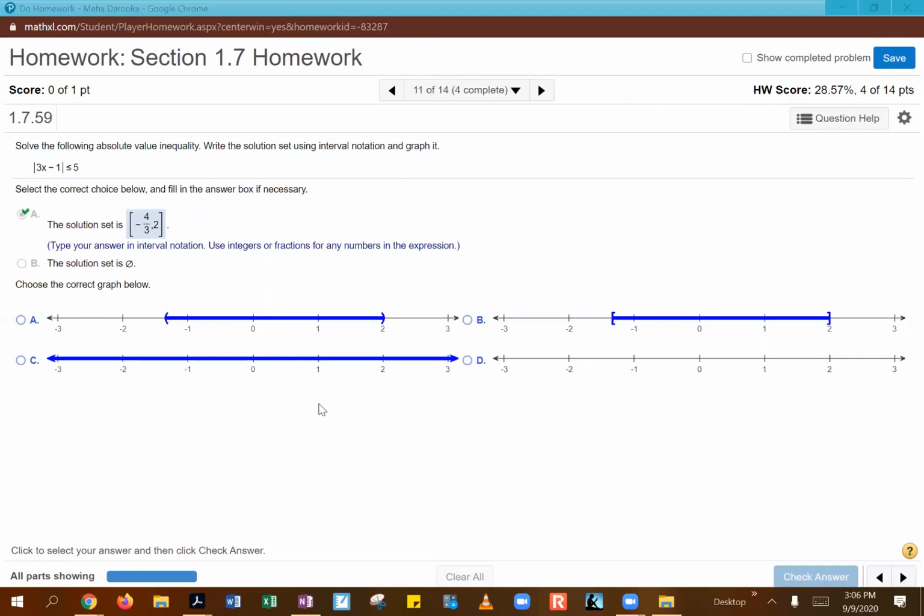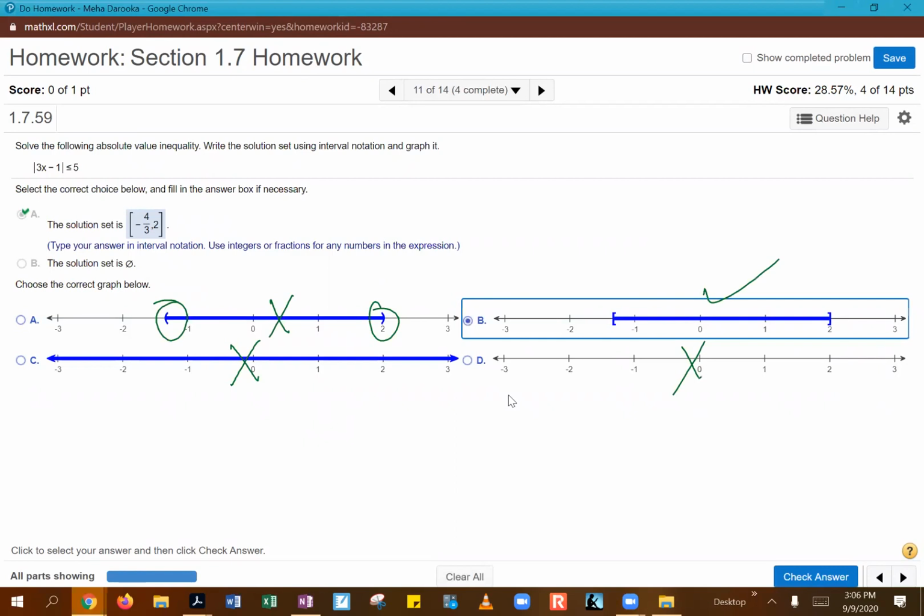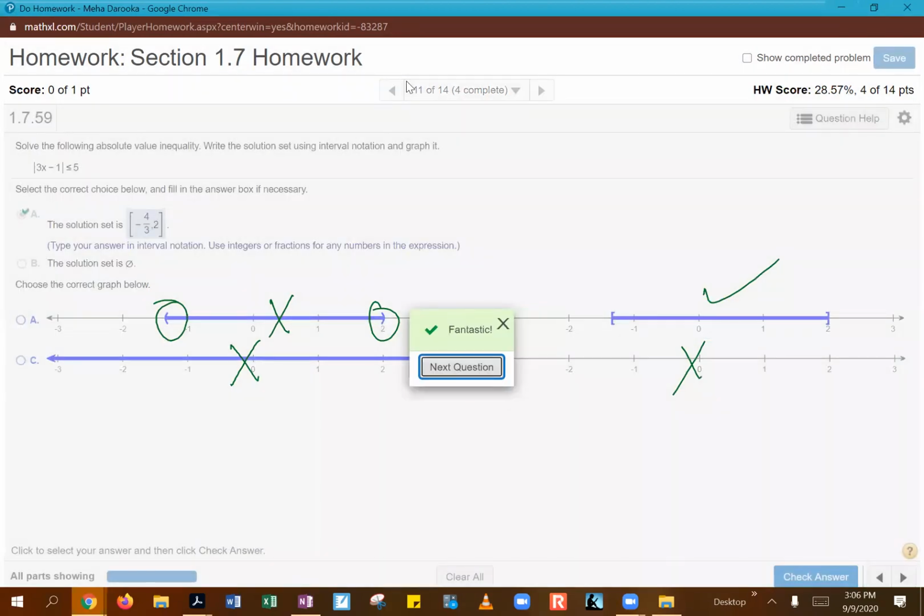Of course, you can see over here, these guys have parentheses, so we know that's not right. Okay, very good. This one is selecting the entire number line, so that's not right. This one is a blank number line. So as you can see, all of those automatically tell us they cannot be part of the answer set, so it's got to be option B. Very nice. All righty. Good job, guys.